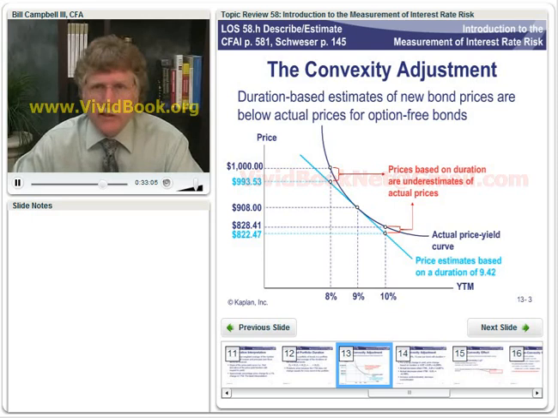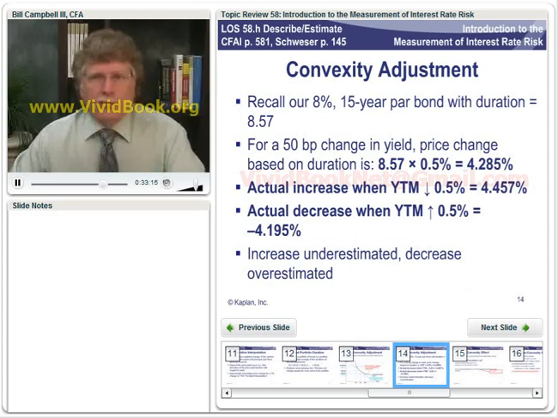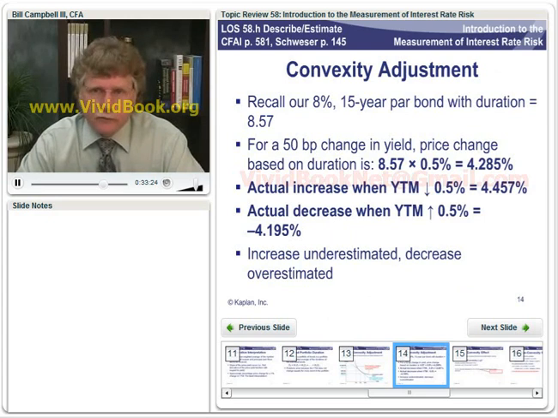You can see the price differences here. We need to adjust those, and the convexity adjustment is what's going to take care of that. So recall, we have our 8% 15-year par bond, duration of 8.57.